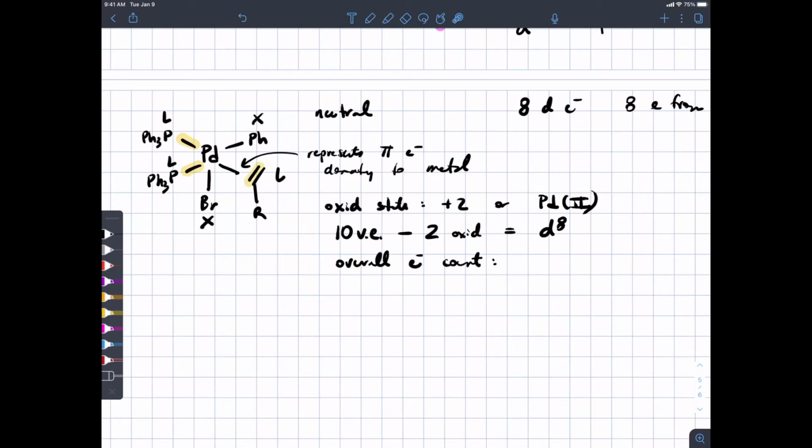And then from the X-type ligands, 8 and 10. So we have 8 d electrons, 10 electrons from ligands. So that's overall an 18 electron complex, which would have noble gas configuration. It's got a complete set of electrons.